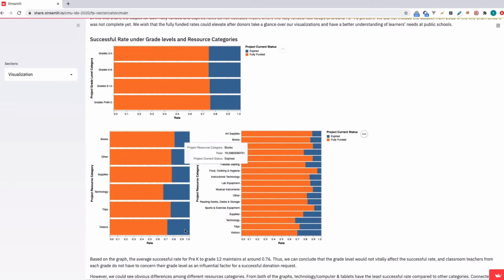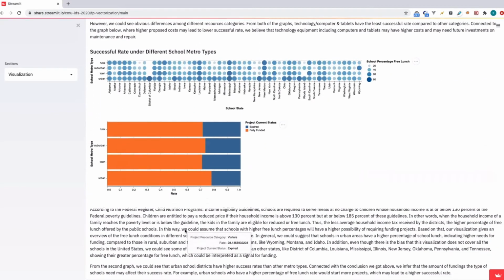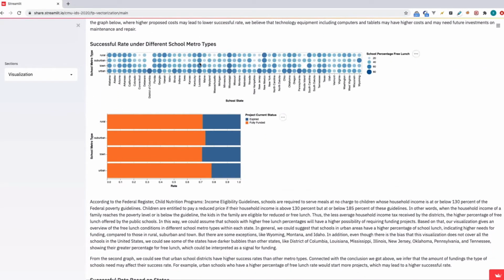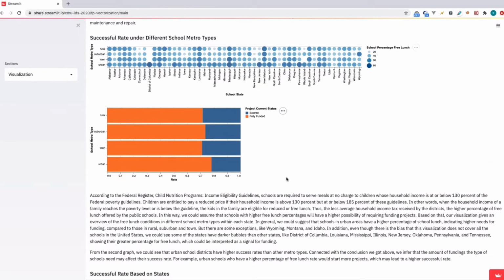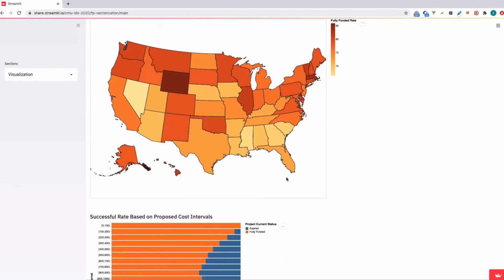In addition, we have some analysis of successful rate and school metro types. Here, we also have some further analysis combined with free lunch rates among different metro types and states. And finally, we have two visualizations about the influence of geographical locations and project cost intervals on the successful rate.